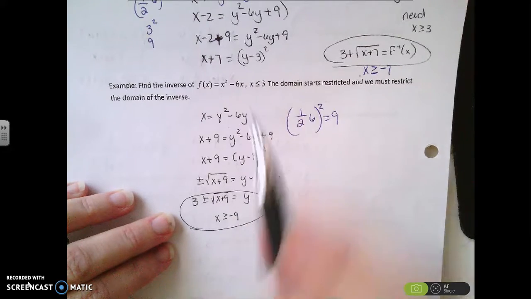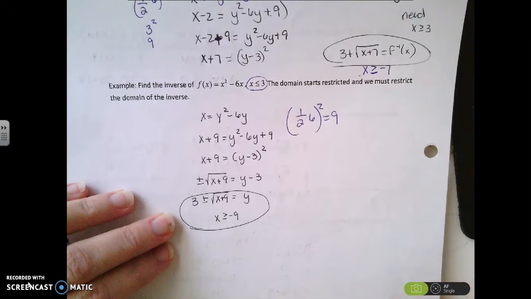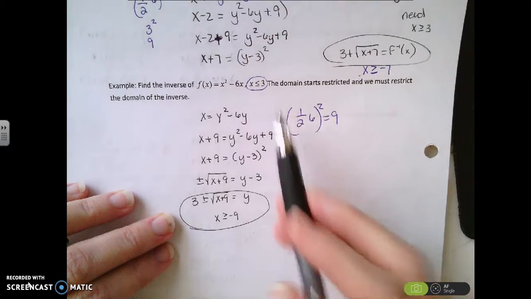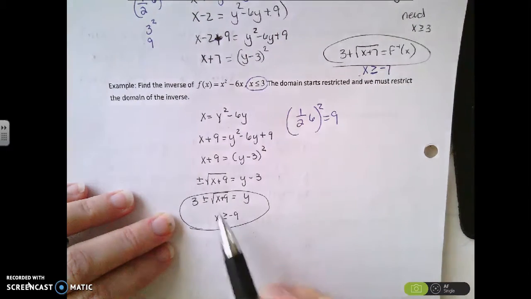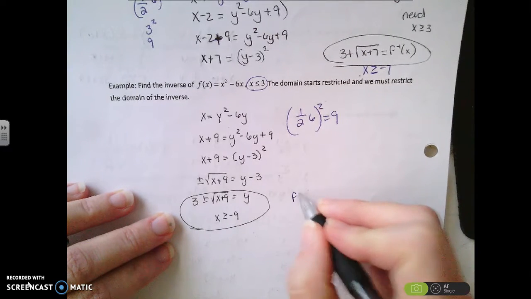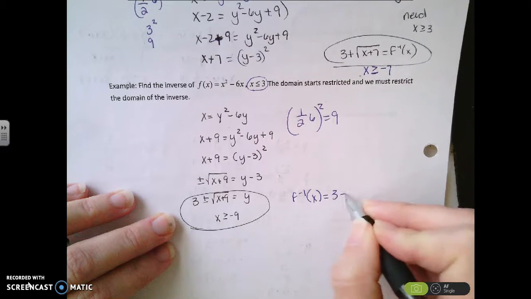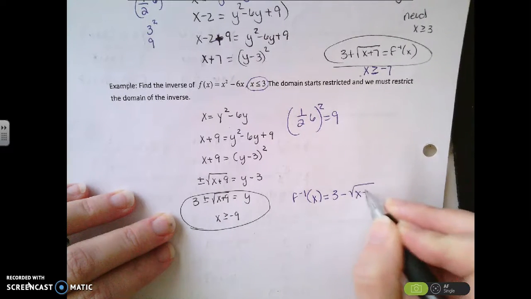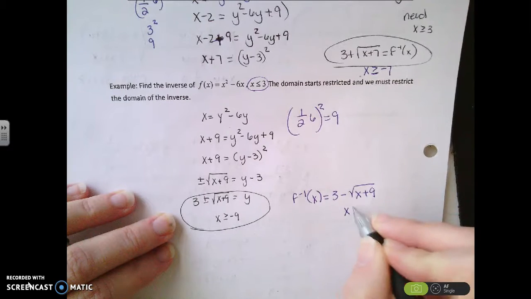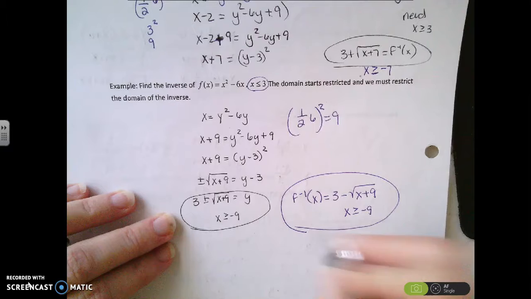So again, a decision can be made about whether to do positives or negatives based on the sign. So if it's less than 3, I'm going to do negative. So my final inverse is going to be 3 minus the square root of x plus 9. And again, x has to be greater than or equal to -9. So that's my final inverse on this one.